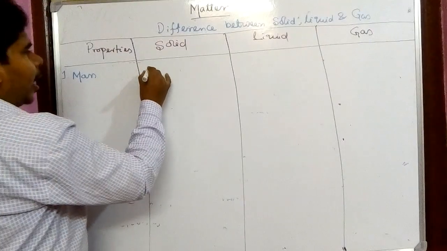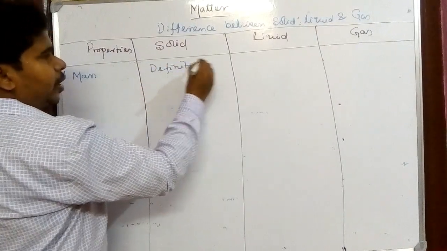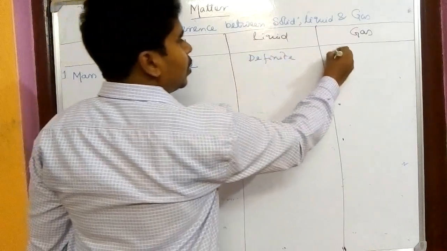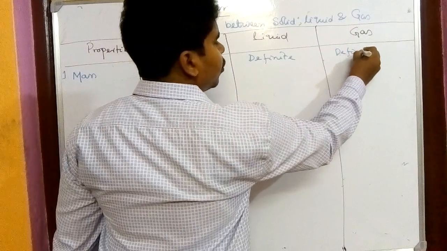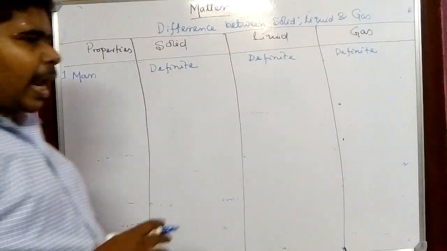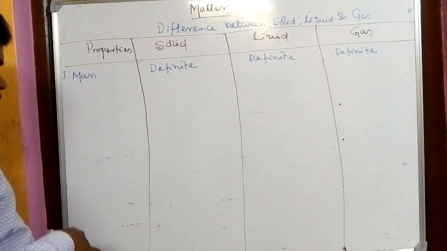So it should have a definite mass. Solid has a definite mass, liquid has a definite mass, and gas also has a definite mass. So you cannot say it is a difference; it is basically the characterization we have done in the form of a column.